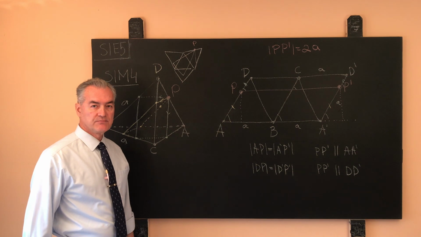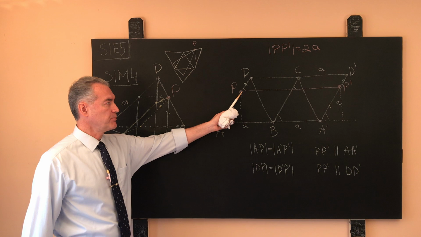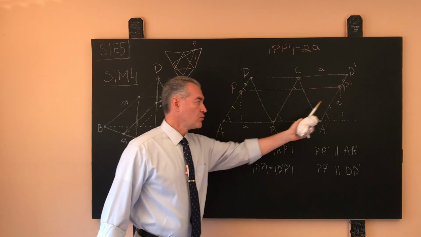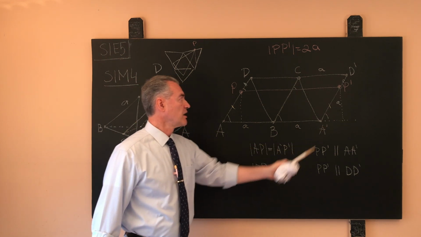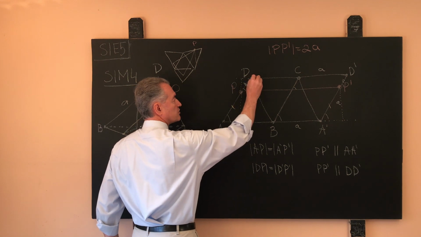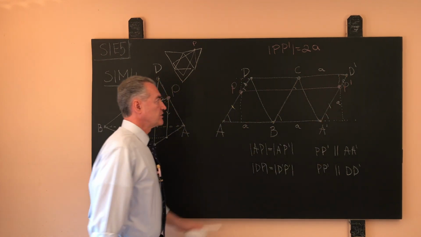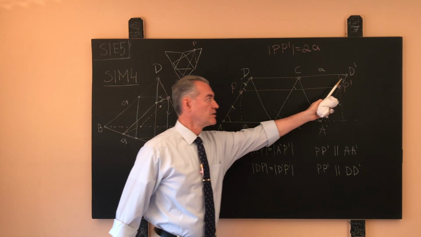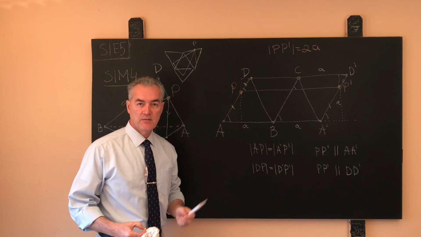And what does that mean? That means that the solution orbit P prime will be parallel to the line segment A prime, and likewise it can be shown that it will be, of course, parallel to the line segment D prime, as was also shown in the animation.